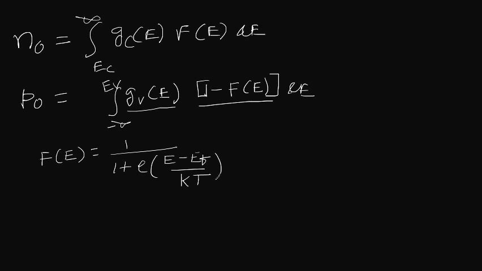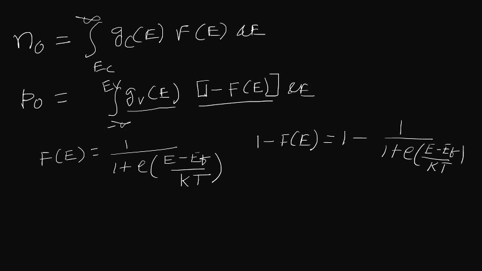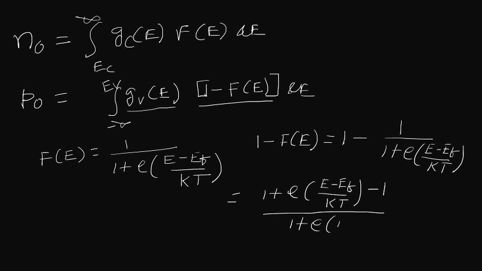Then we can find 1 minus f of E. So 1 minus f of E is 1 minus this whole thing, which we can rewrite as 1 plus e to the power (E minus EF) by kT, minus 1, whole divided by 1 plus e to the power (E minus EF) by kT.